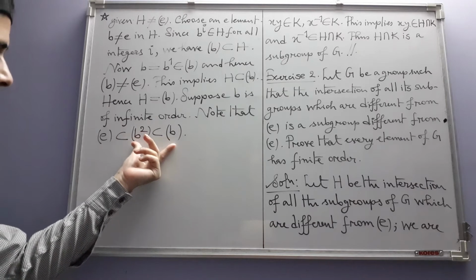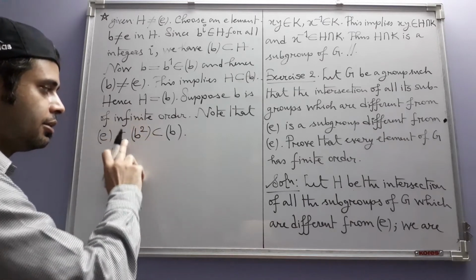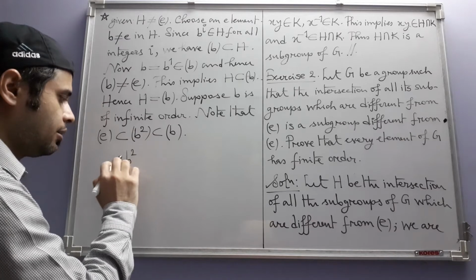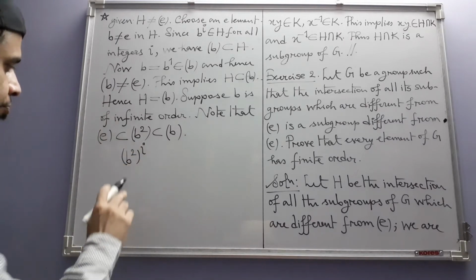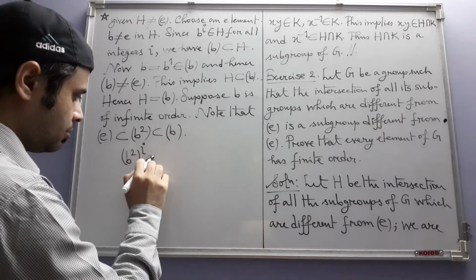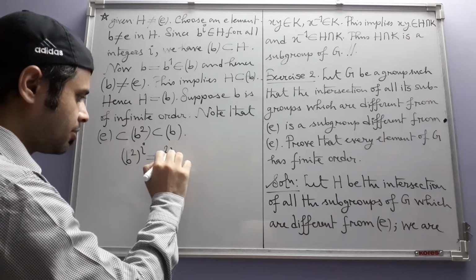However, what about the second containment? How does a general element in this cyclic subgroup look? It is an integral power of b squared, because it is being generated by b squared, where i is an integer. By one of the rules of exponent, this is equal to b to the power 2i.